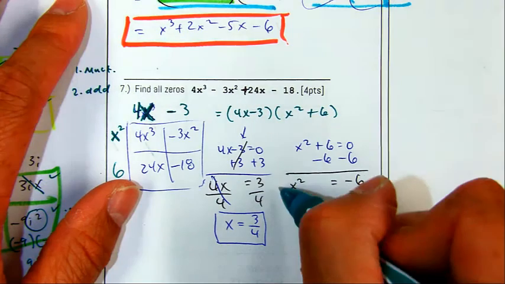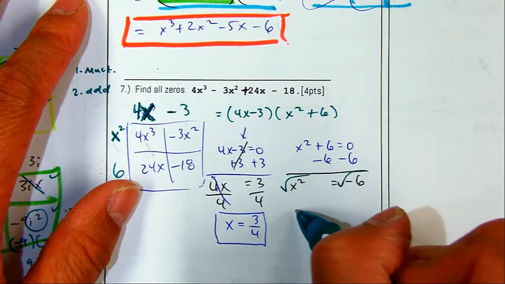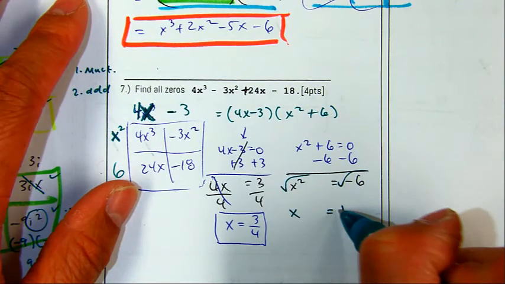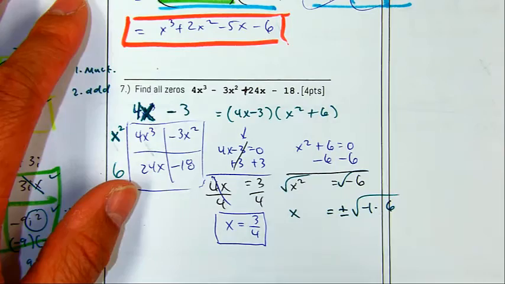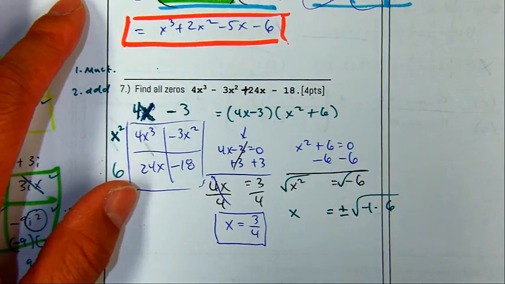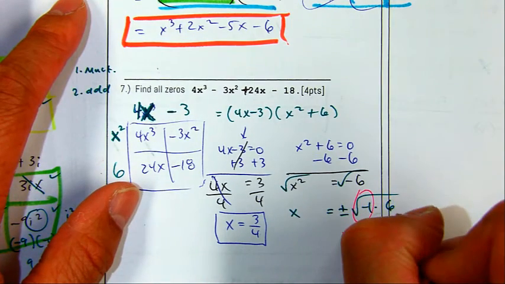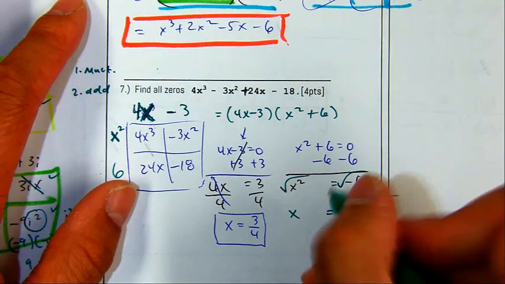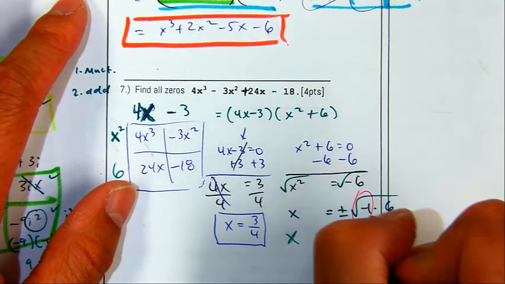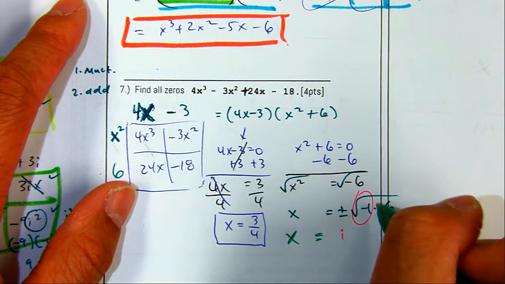Then I'm going to take the square root. When you take the square root, you have both positive and negative. You have the square root of negative 1 times 6. This becomes i. The i goes to the left of the plus or minus. Alright, left of the radical.